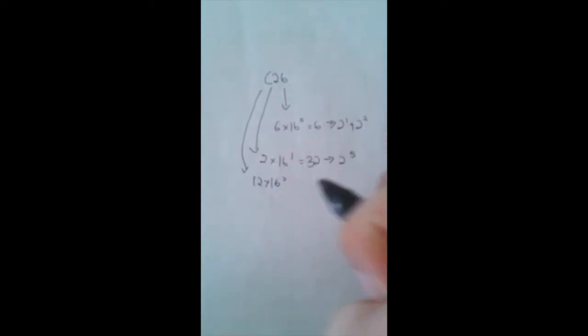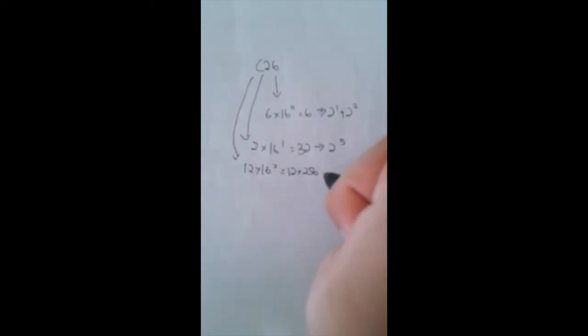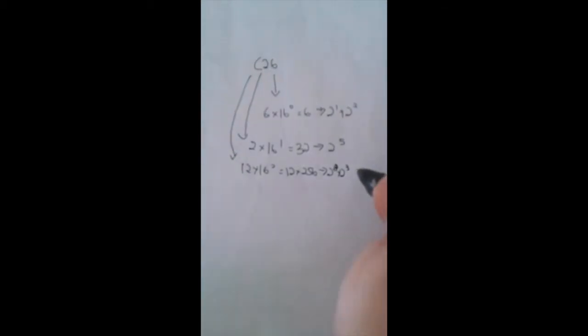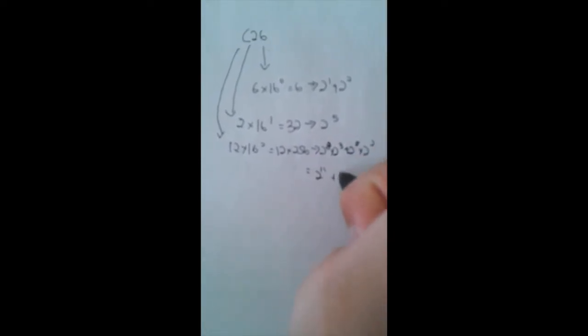So 12 times 16 to the power of 2 will be 12 times 256, which is 2 to the power of 8 times 2 to the power of 3 plus 2 to the power of 8 times 2 to the power of 2, which is equal to 2 to the power of 11 plus 2 to the power of 10.